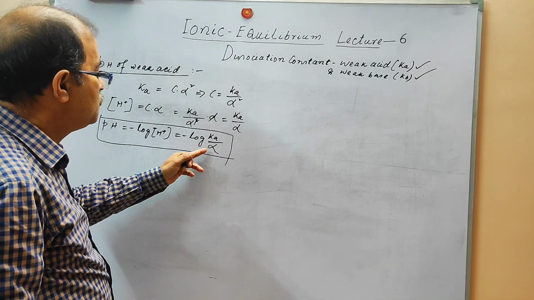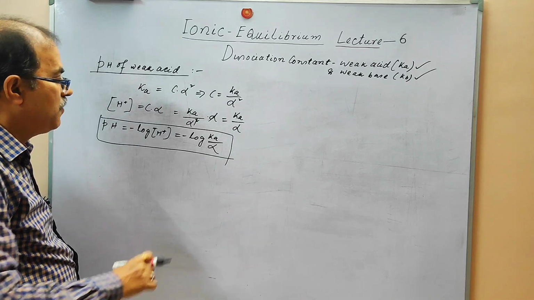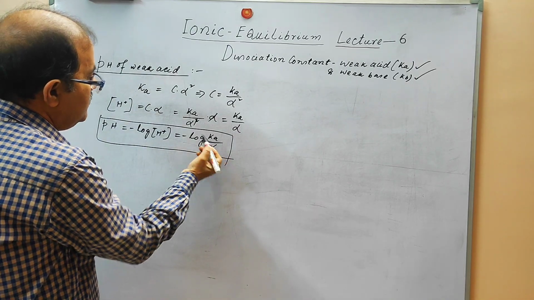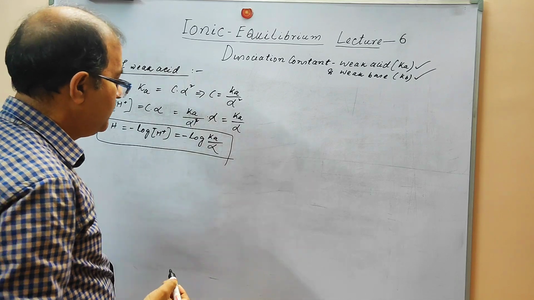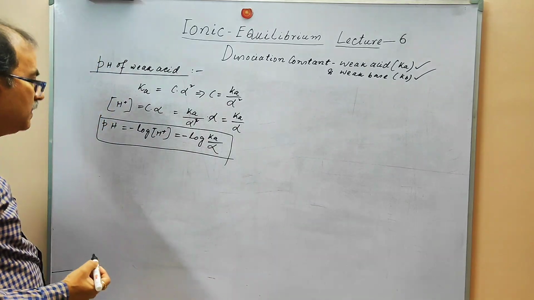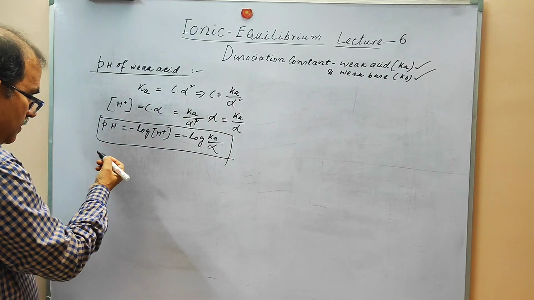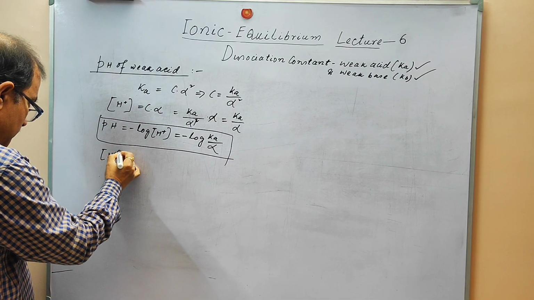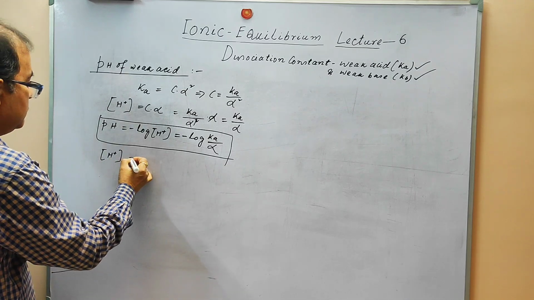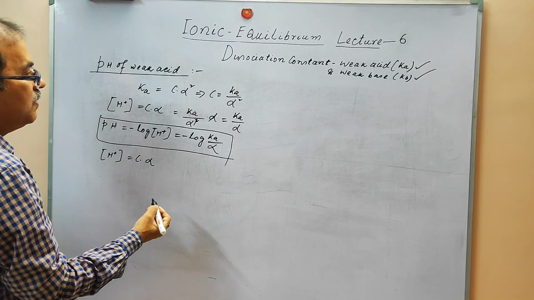So the degree of dissociation is alpha, and pH is minus log of Ka by alpha. Now the pH value can also be expressed in another form, using H plus equal to C alpha. Here we put the value of alpha.